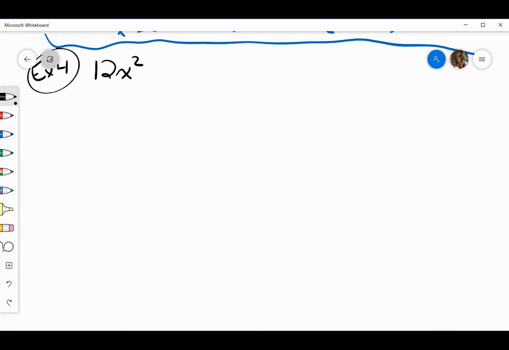12x squared plus 5. Oops, hold on. There we go. 5x squared minus 3 equals x minus 5. Wow. So again, our first step is that we've got to get this looking more like something that is factorable.